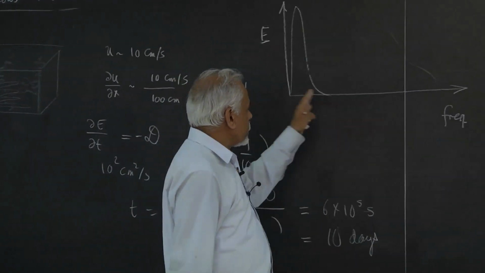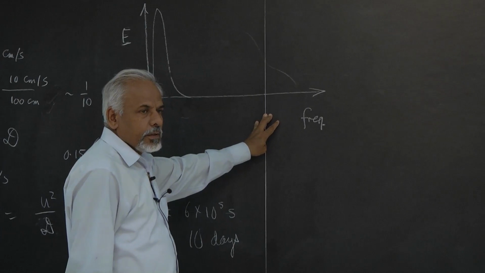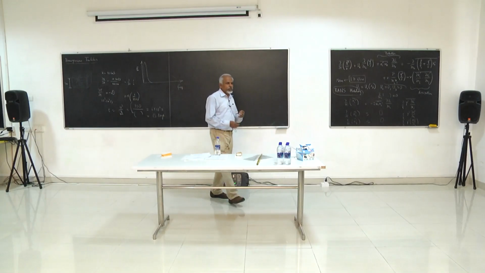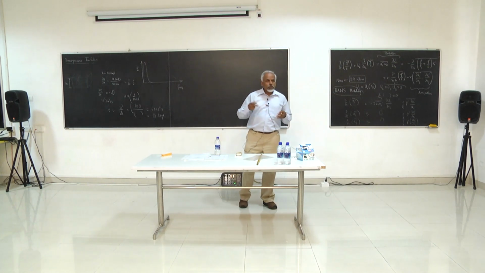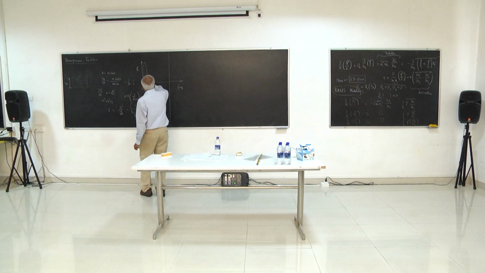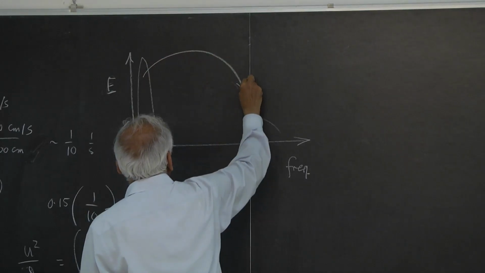How does this transfer from here to there? What really happens? Of course, all of this is happening because of nonlinearity. Nonlinearity is the one that allows different modes to interact. You might imagine that the energy goes from here directly to here.